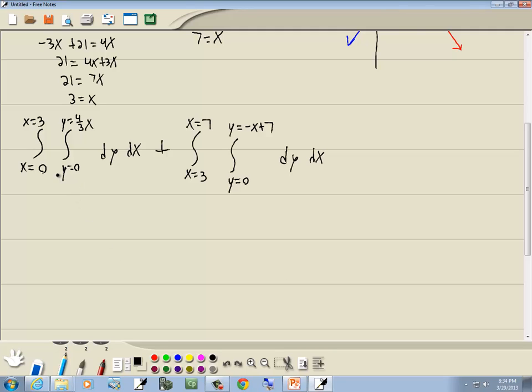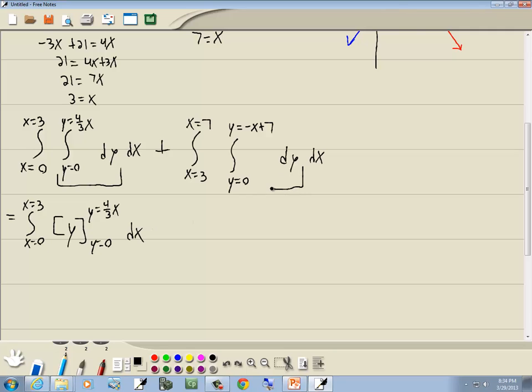Well, we'll look at the inner one here. So the x equals 0, x equals 3 carries down. Well, this is just like a 1 here, so the integral of 1 is y. So this becomes y from y is equal to 0 to y is equal to 4/3 x.